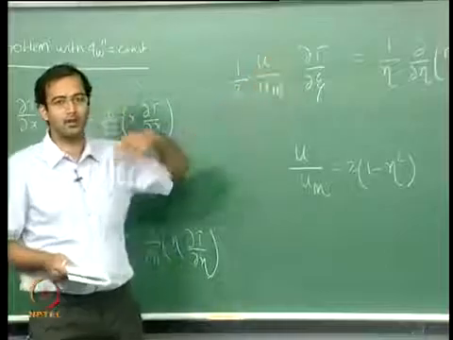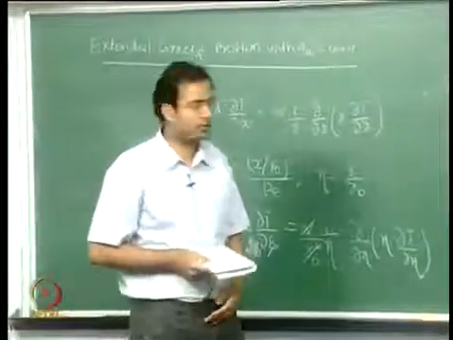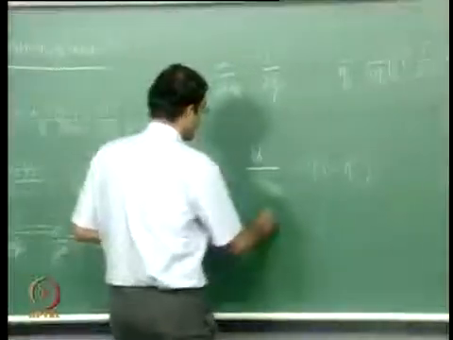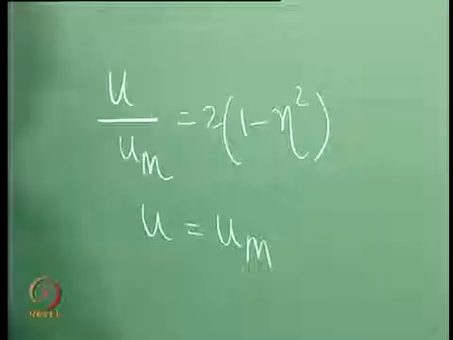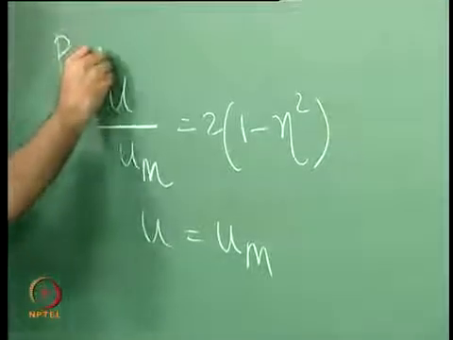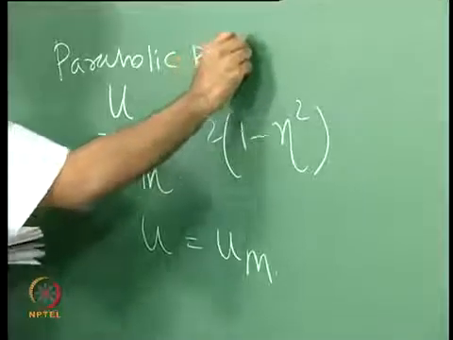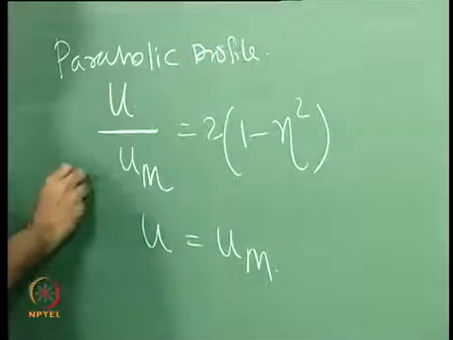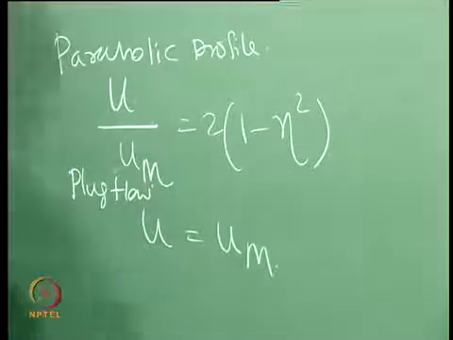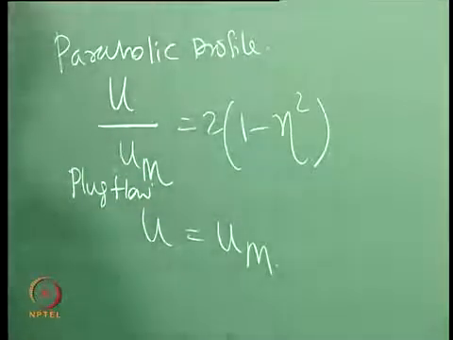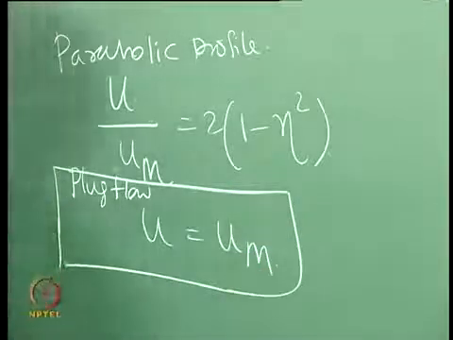However, if you want to go with the classical way Graetz started, with a plug flow, then you can say that your u is equal to um. So this is for a parabolic profile and this is your plug flow, or slug flow, whatever you want to call it. So let us assume for the time being that yours is a plug flow.